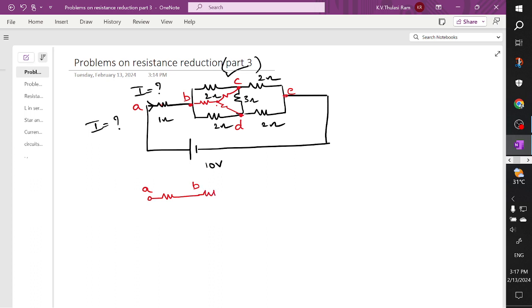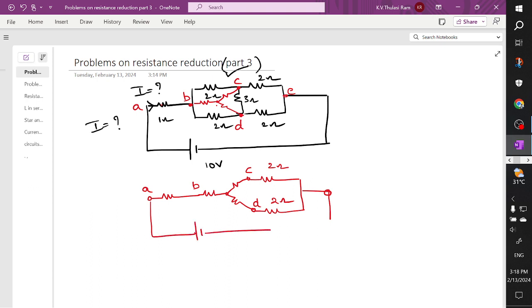So this is one element and this is another element and this is another element connected between C and D, continued with 2 ohm and continued with 2 ohm. So this is a 2 ohm resistor and this is also a 2 ohm resistor, and it is closed now and it is excited with a voltage of 10 volts.